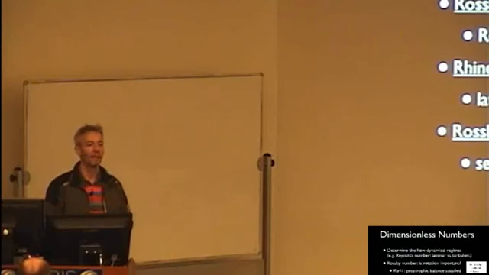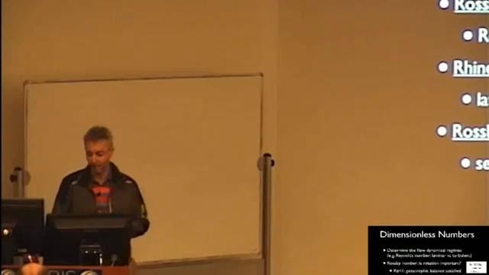Then I mentioned some of the waves that obviously come out of this system of equations, Rossby waves and gravity waves. I mentioned a couple of instabilities that are known to emerge from this system of equations, one being barotropic or shear instability, and the other being the baroclinic instability.